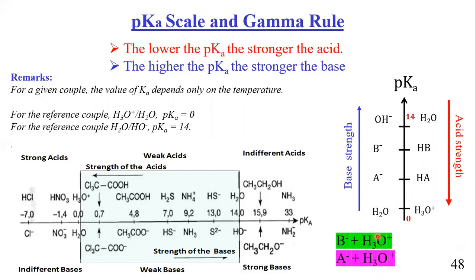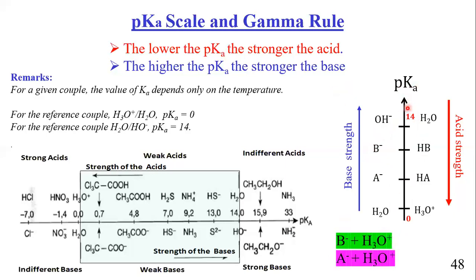I won't discuss the second part, but who will go first is determined by the strength of these bases. Who's the stronger base? If I look here, B minus has a higher pKa, so it's the stronger base, and it will react with H3O plus first.